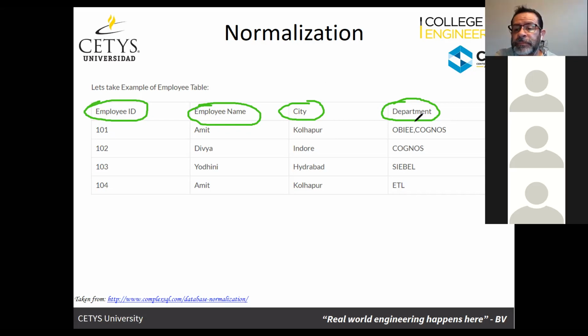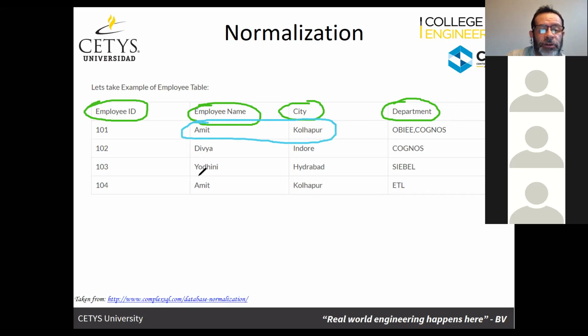Maybe it can be the name. Did you already say the Amit twice? No, Juan Ignacio, that's actually what I'm talking about. Amit Kolhapur is repeated. Do you notice that? Yep, that's correct, Juan Ignacio. Amit Kolhapur is repeated in the database.